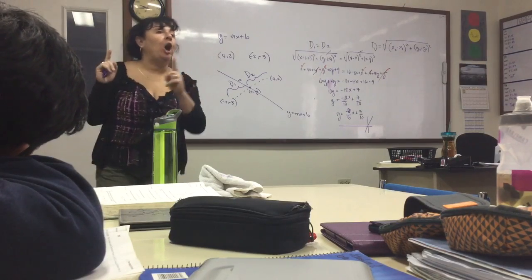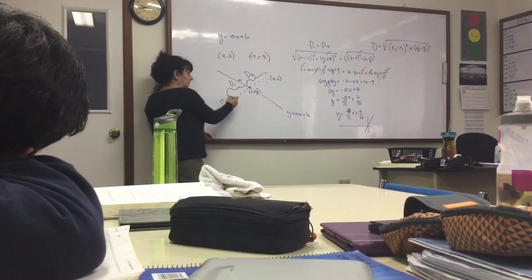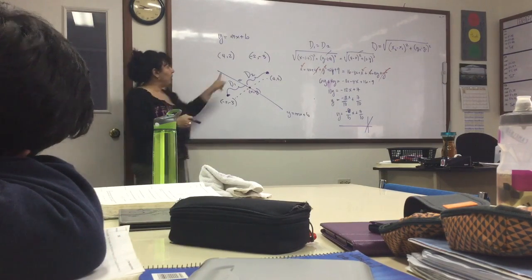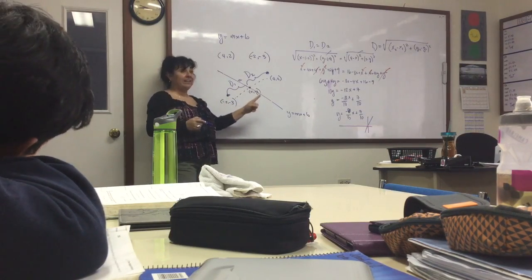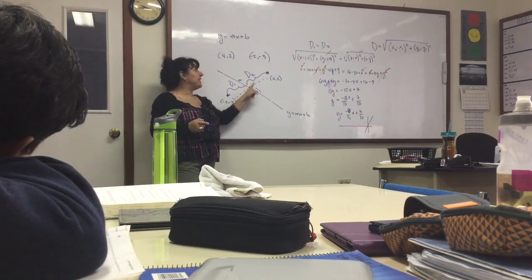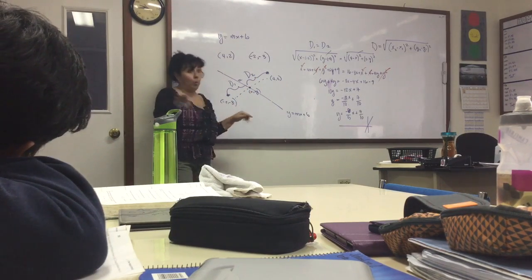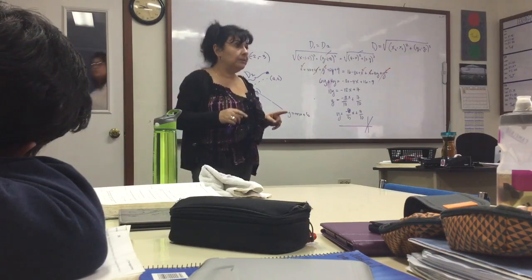Before it was 2 points on the line. These points are not on the line. That's the difference from before. Before you had 2 points on the line. You don't have them anymore. The only point that is on the line is the point that is equidistant from these two external points. So no, it has nothing to do with what we did before. Is that clear?